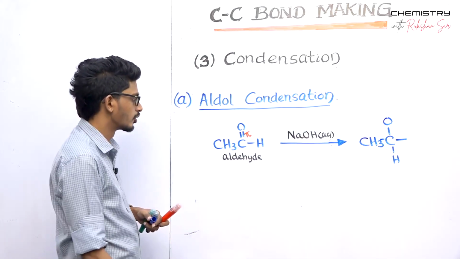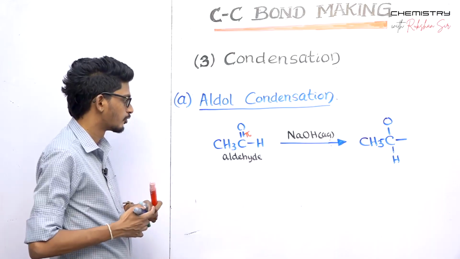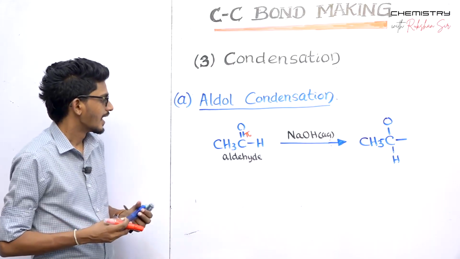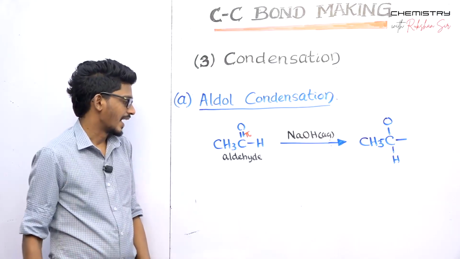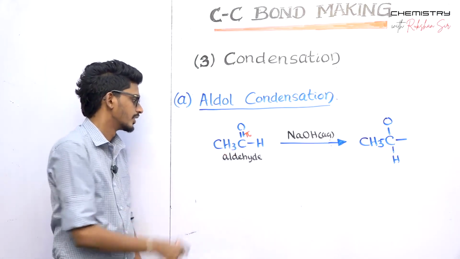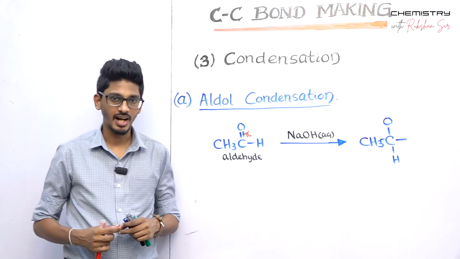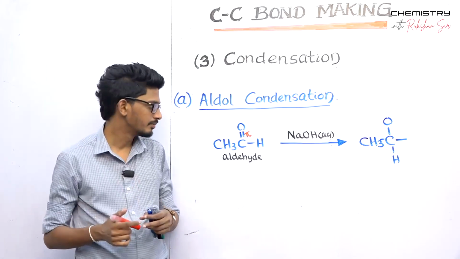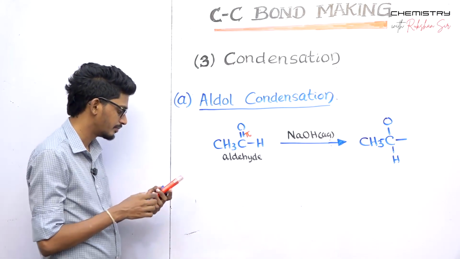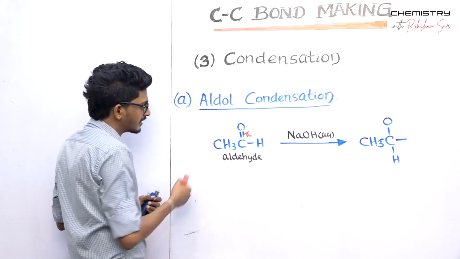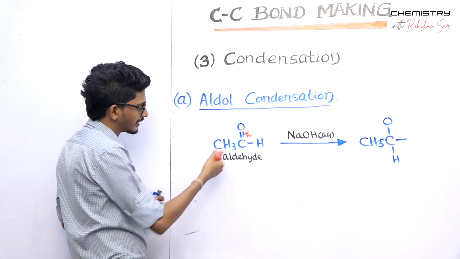So for that, just add the alpha carbon of your aldehyde. A new term: what does this alpha carbon mean? The alpha carbon is the carbon adjacent to the carbonyl carbon.